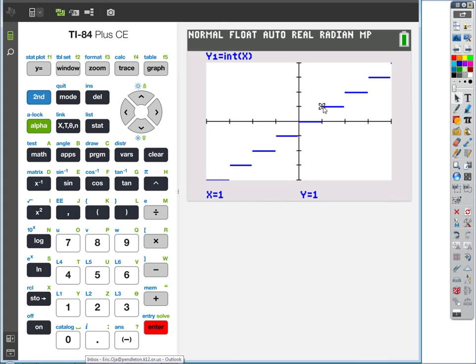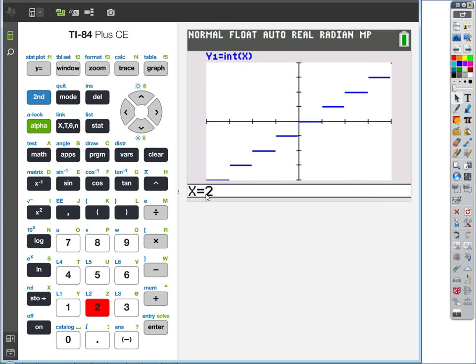It puts me on the left edge of that segment, so the right edge must be the hole. Does that make sense? The shortcut for that is, if I've got a graph, I can just hit trace, and then enter the x value, and it assumes I'm wanting to evaluate a function. And so look, when I get to the right of that step, once again, it pops me up to 2.